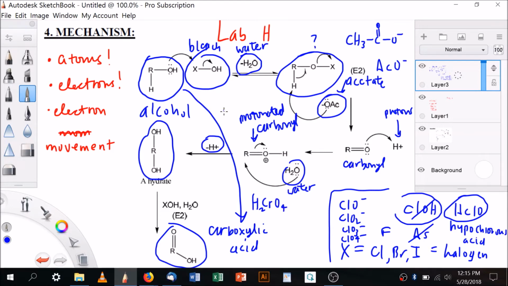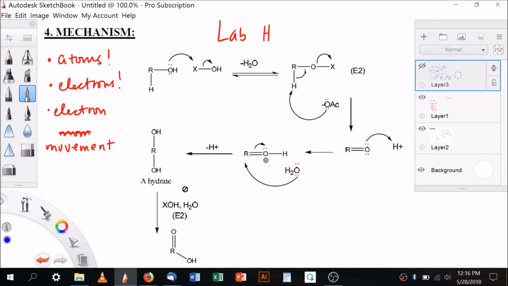Chromic acid. And we showed a couple different ways to make chromic acid. So the reaction from an alcohol to a carboxylic acid has a couple different forms, a couple different ways we looked at it, but I think there were 3 of them, and they all 3 essentially came down to being chromic acid.